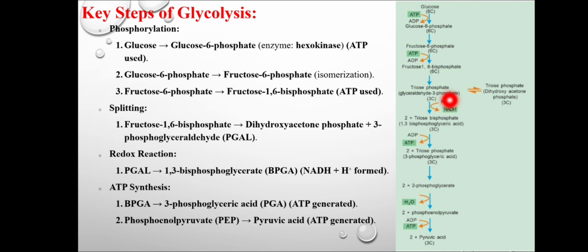Now overall, after the splitting phase everything is multiplied by 2. So 2 NADH will be produced and these ATP will be multiplied by 2, so 4 ATP are produced. Now also note that earlier in the beginning 2 ATP were used. So whenever we calculate the net ATP, we will subtract 2 ATP.